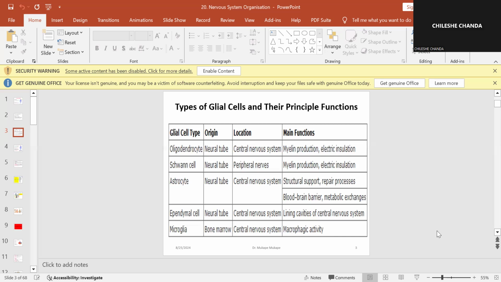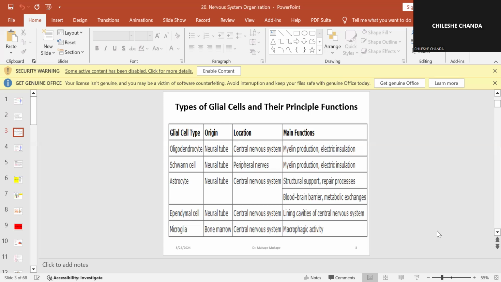The other type of glial cell are the ependymal cells. The ependymal cells are responsible for the production of cerebrospinal fluid.